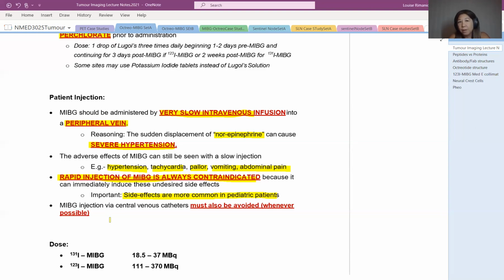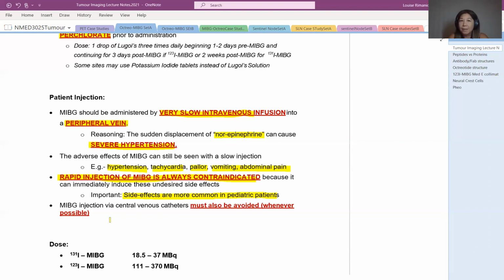In other words, pound for pound, a pediatric patient is getting way more MIBG per kilogram than an adult. Another way to look at this is that a pediatric patient gets the same amount of MIBG as, say, a 200-pound patient, right?